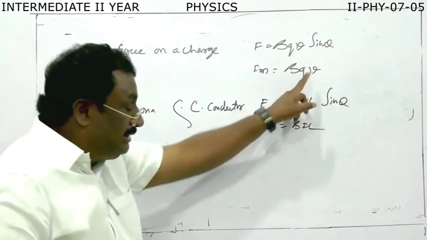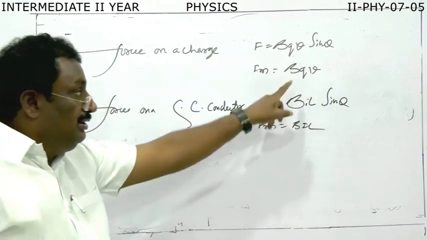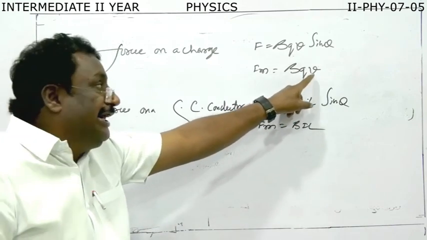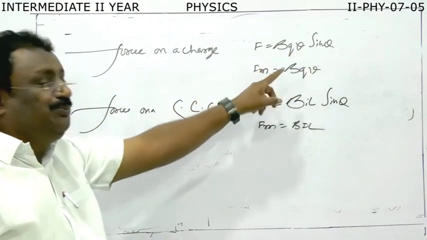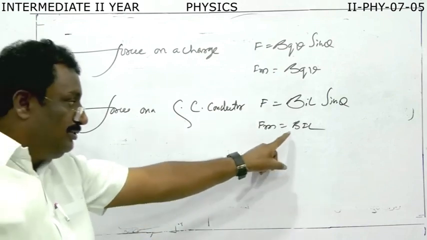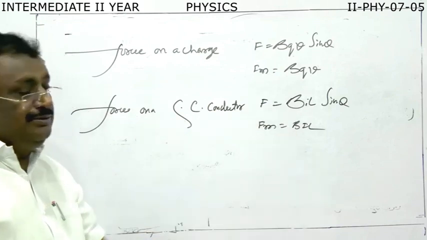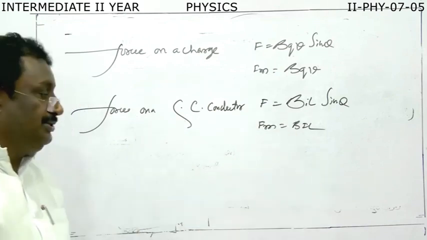In both cases, when the direction of velocity is perpendicular to the magnetic field, it experiences maximum force. Here also, when the conductor is perpendicular, it is maximum force.